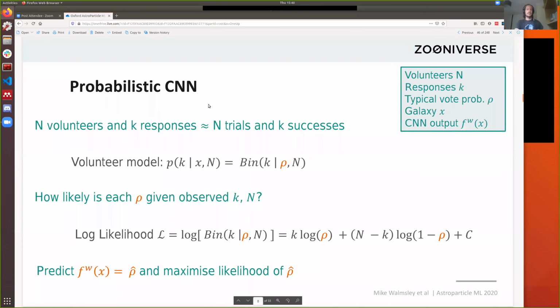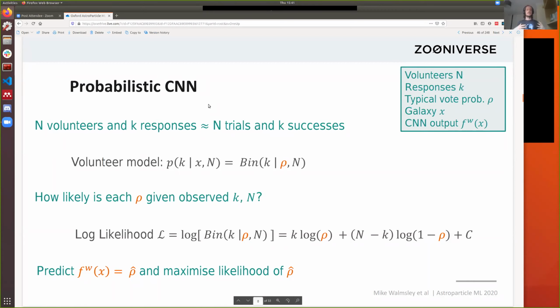How do we do that? Well, the first step is to recognize that when you ask n volunteers on Galaxy Zoo, does this galaxy have a bar, and you get back k responses, yes or no, that's a lot like having n trials and k successes. So we're going to model our volunteers as a binomial distribution, where k people have said bar out of n.